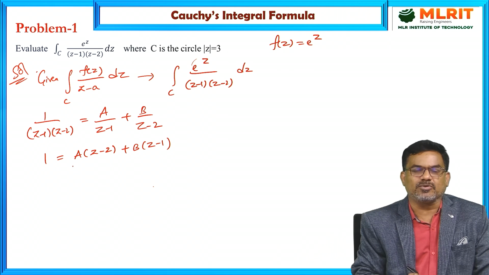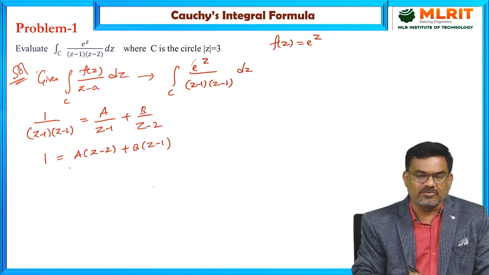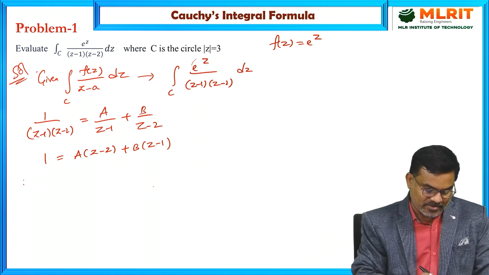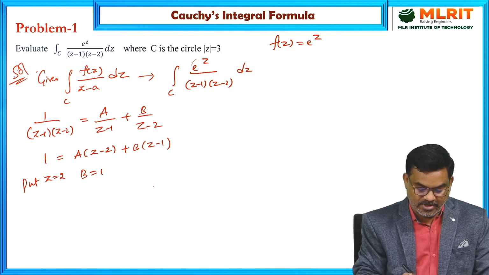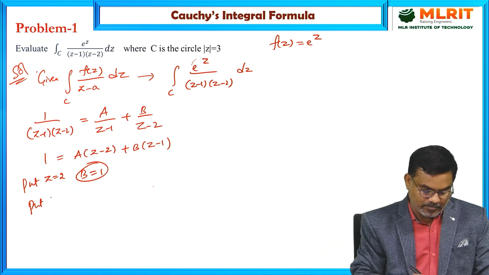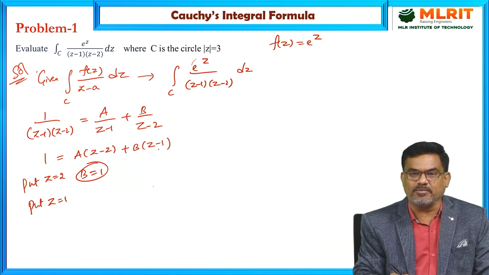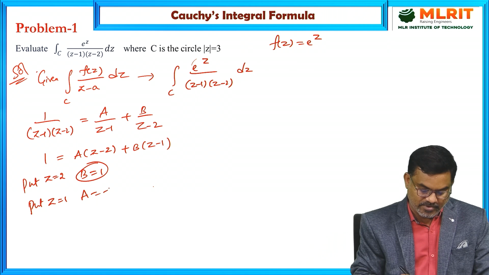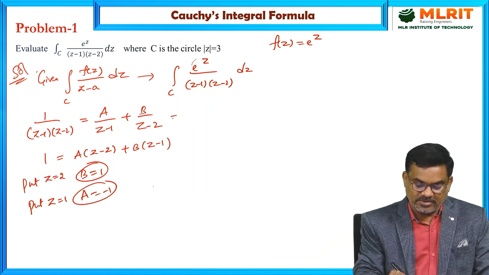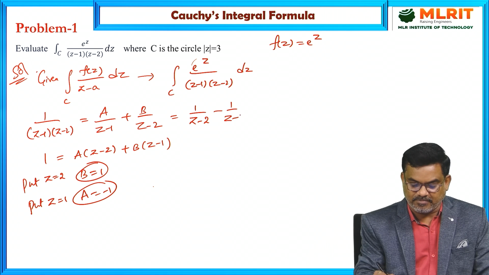Now we need to eliminate one of these two constants. Put z equal to 2 so that A is eliminated, then B equal to 1. Similarly, put z equal to 1 so that B is eliminated, then 1 equal to A into 1 minus 2, so A equal to minus 1. Therefore this is 1 by z minus 2 minus 1 by z minus 1.